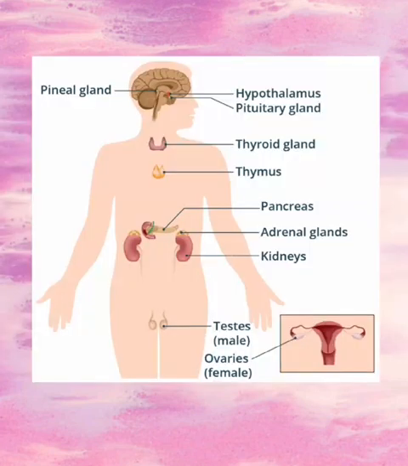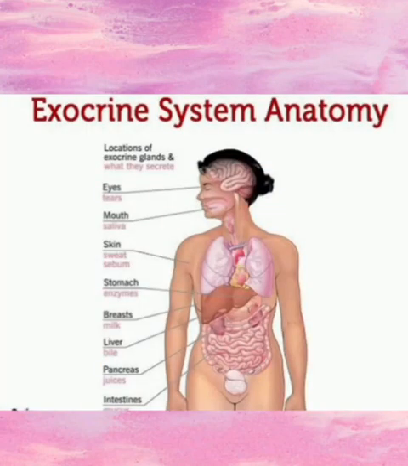The major glands of the endocrine system include ovaries, pancreas, thyroid gland, parathyroid gland and many others. When we talk about exocrine glands, examples are sweat glands, salivary glands and the mammary glands, where the secretions are secreted into ducts, not directly into the bloodstream.